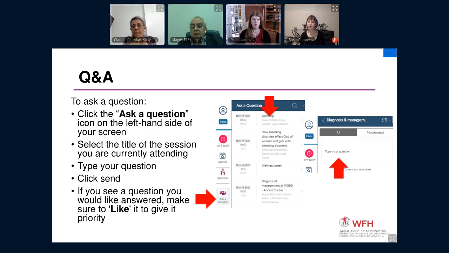We have started to look at culturally, socioeconomically and religiously appropriate translations of the self-BAT, which is a bleeding assessment tool that patients can administer themselves without the need for a healthcare provider. And I think that tool very clearly shows who has abnormal bleeding and who doesn't.